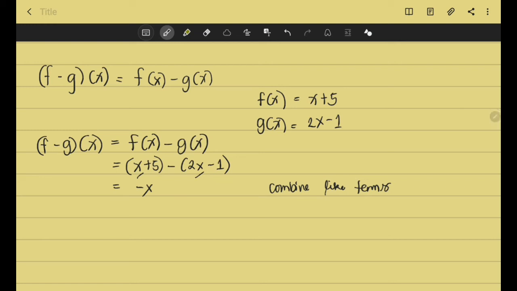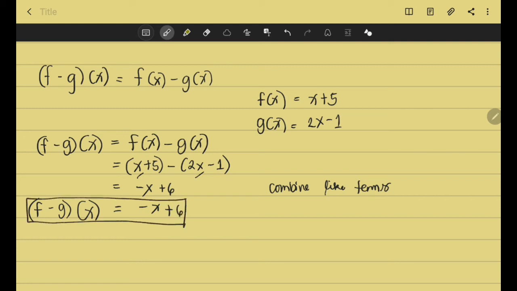So 5 minus negative 1 is positive 6. So therefore, f minus g of x is equal to negative x plus 6. Negative x plus 6 is the difference of x plus 5 and 2x minus 1.